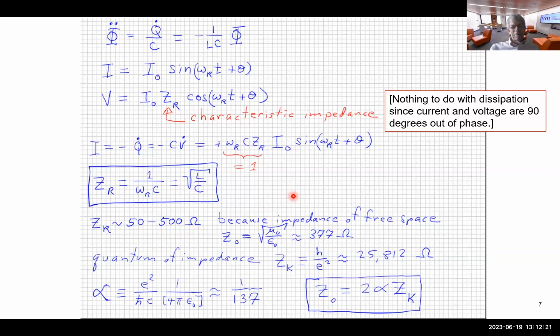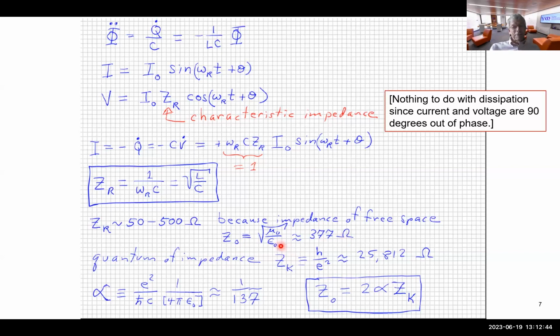And the reason is that it's very difficult to construct a resonator whose impedance is very different from that of free space. The square root of the permeability over the electric susceptibility is about 377 ohms.